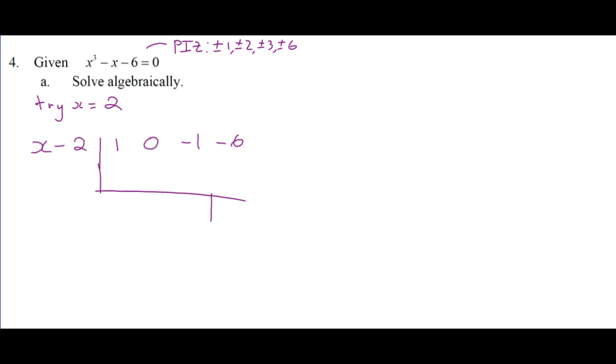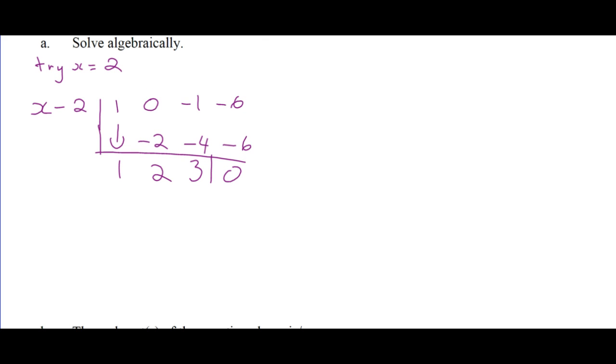This is x cubed minus x minus 6. So just a little check that you can run: 2, negative 4, 3, ran out of ink, 3, and 0. Yeah, I know. Virtual ink.